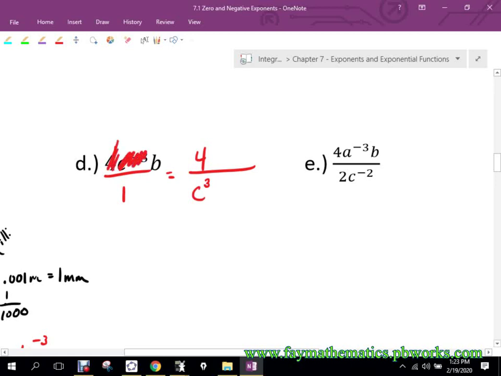I've used the C. B, where's B going to go? Top. Just okay? All right. Do that last one on your own real quick. Good. Good. I'll merge those together.